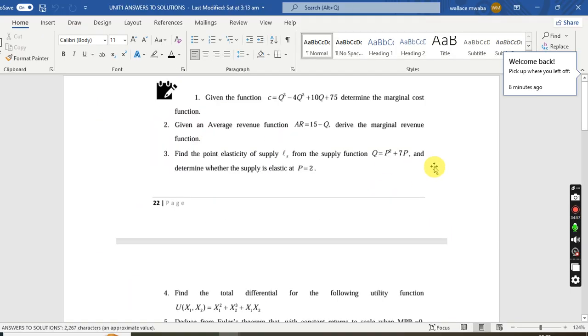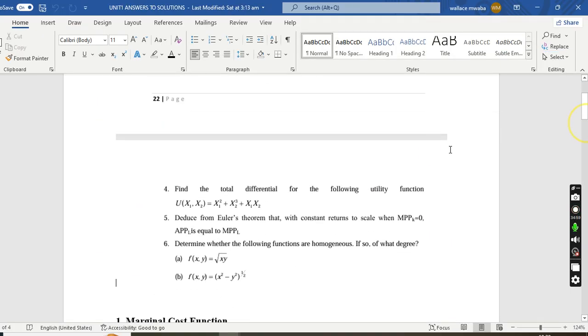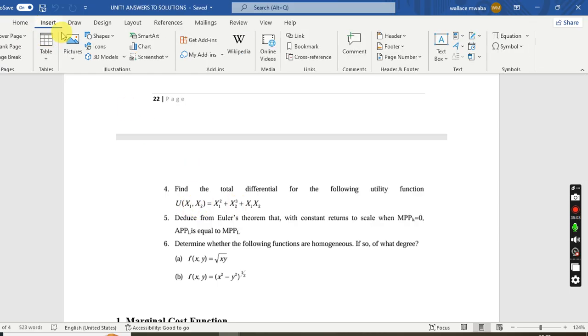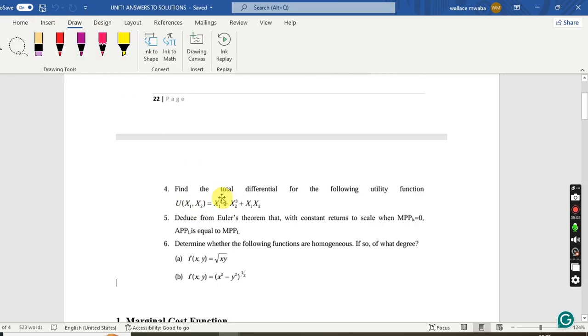Go to homogeneous functions. Here's one. Get the total differential for this one.